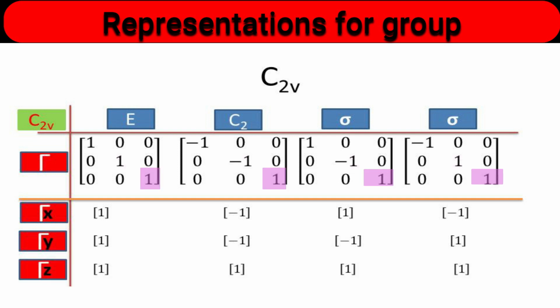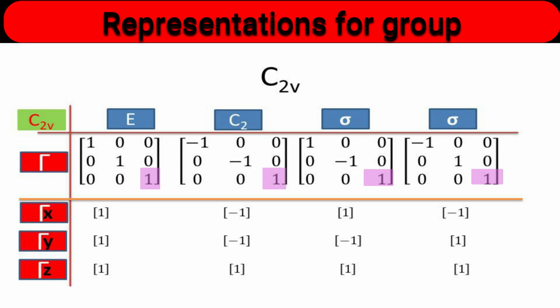I am sure now you will understand the collection of all z coordinates, 1, 1, 1, 1, and the representation is gamma z. It means the first gamma representation, which is three-dimensional, we could reduce further into 3 small sets of matrices: gamma x, gamma y, gamma z.